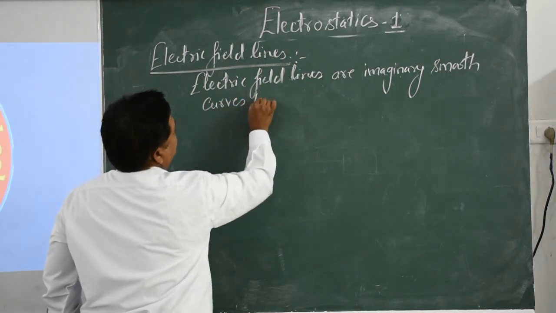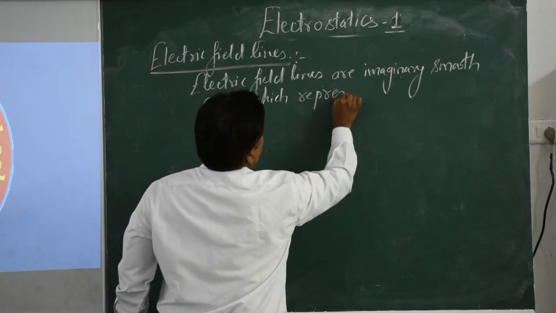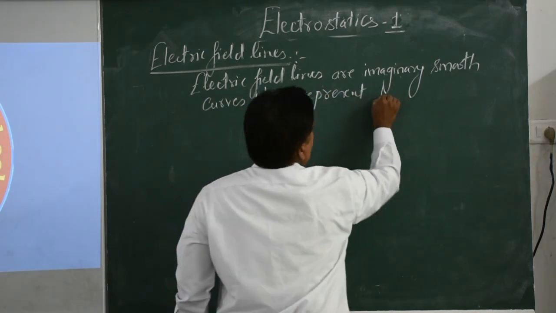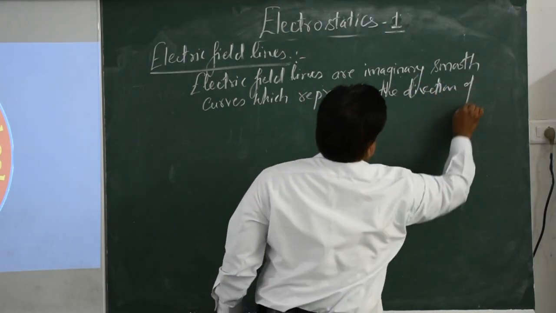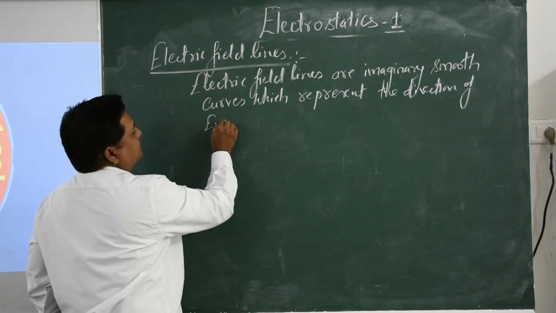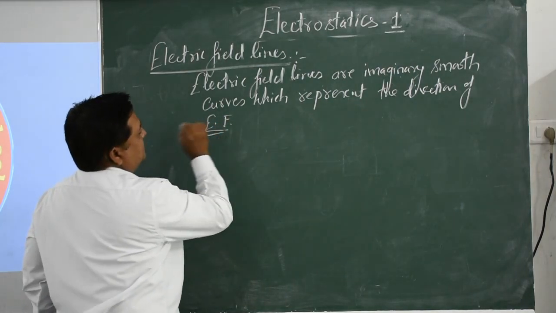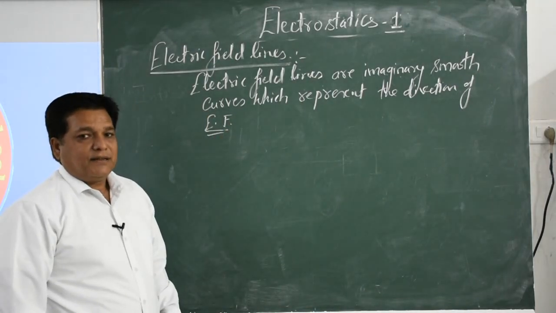Smooth curves which represent the direction of electric field. These are imaginary lines.